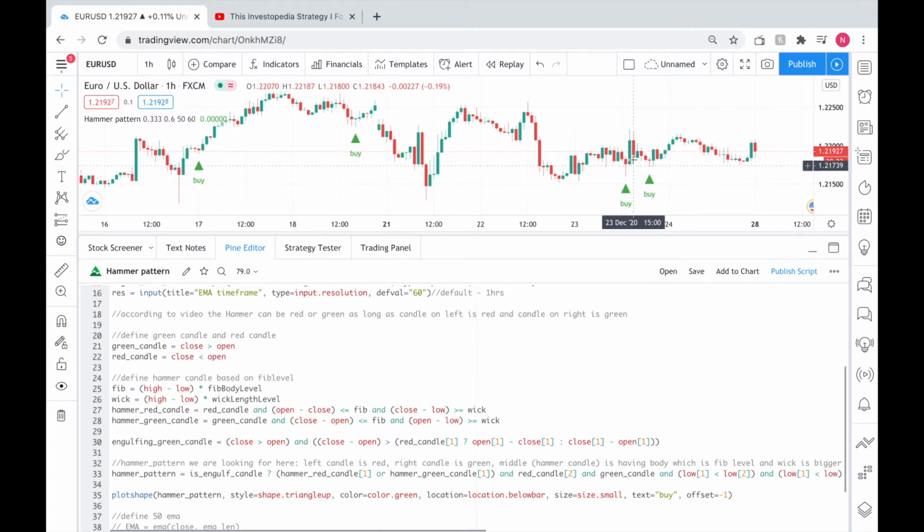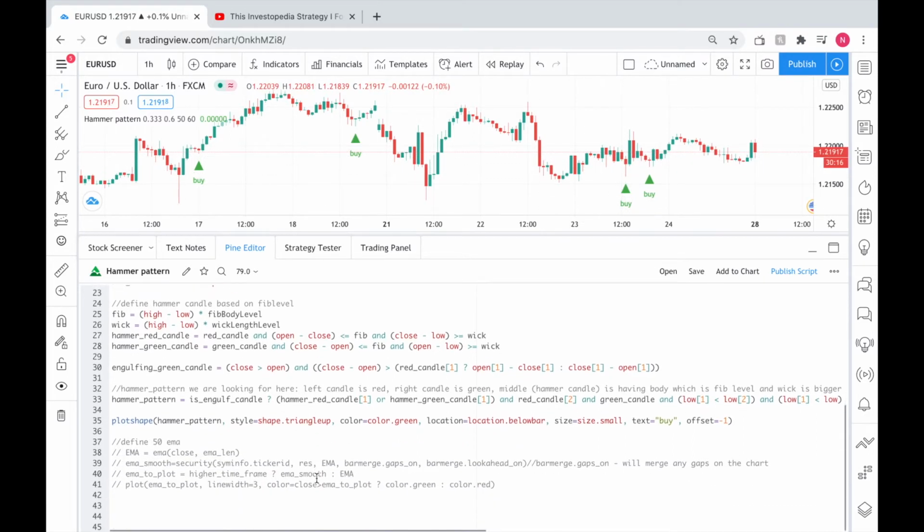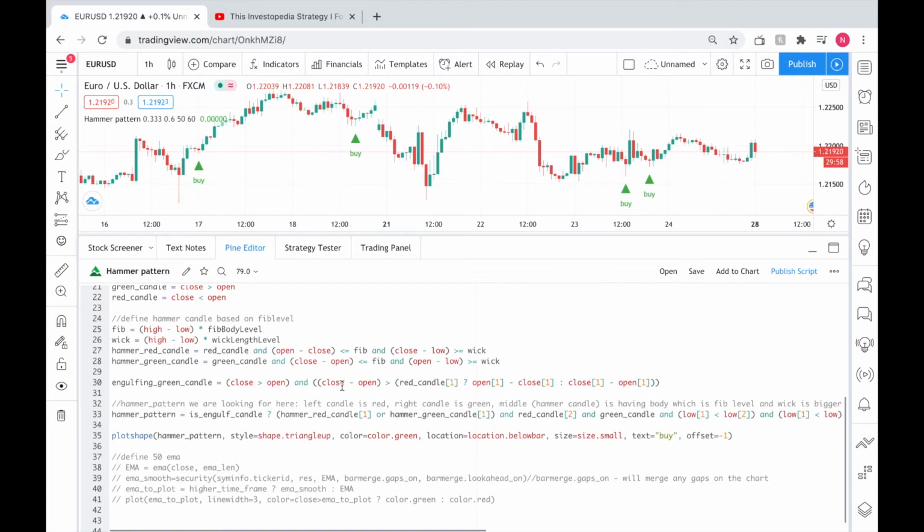Second, I got an impression from the explanation in this video that the hammer candle in our case can be either green or red, and what's most important is that the left candle is red and the right candle is green as a confirmation. So then I'm specifying what an actual engulfing green candle is. Then I'm doing a ternary selection over here, hammer pattern with engulfing candle and without, and then I plot it.